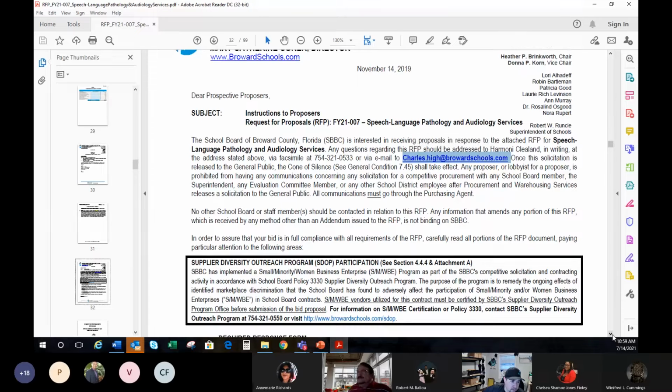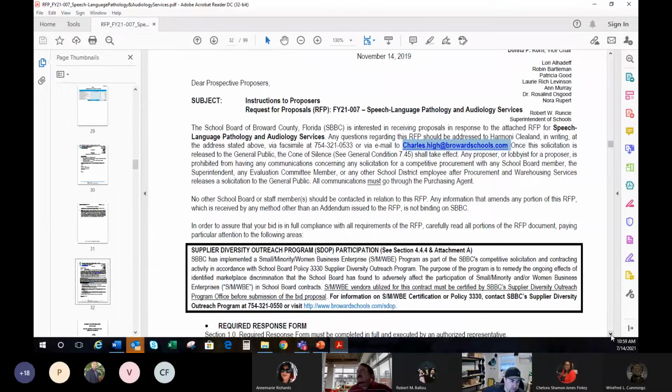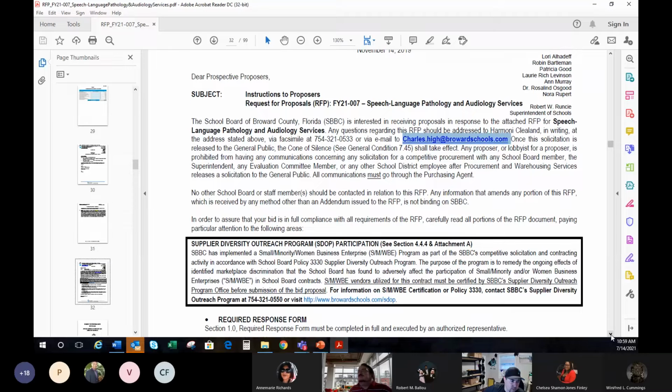And again, what is stated on here: once this solicitation is released to the general public, the cone of silence, which you will see in General Conditions 7.45, shall take effect.